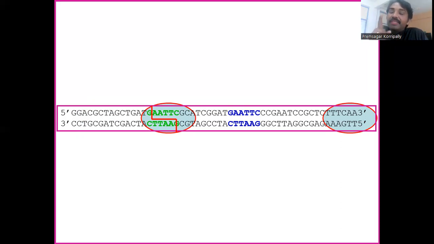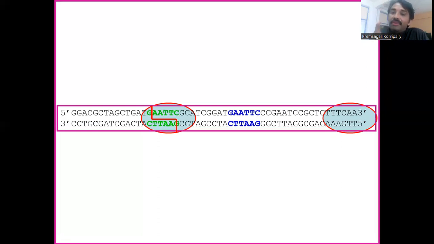And these recognition sequences are palindromic in nature. You see, GAATTC. If you read from this direction, you see GAATTC, and you see GAATTC. So if you read from right to left or left to right, you get the same sequence, right?